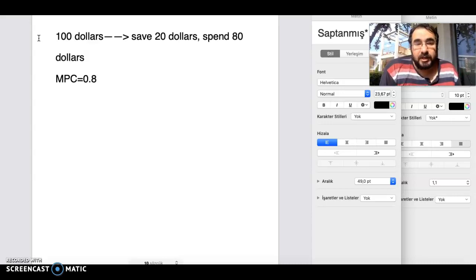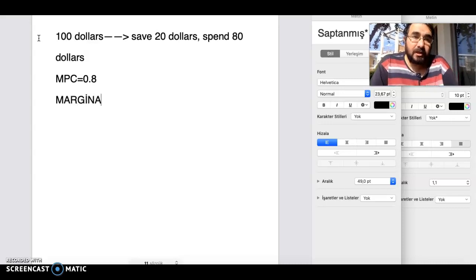We can define it for individuals, but we can also define it for whole nations or a national economy, where we take the national averages. I mean, on average, how much money people are spending and how much they are saving.